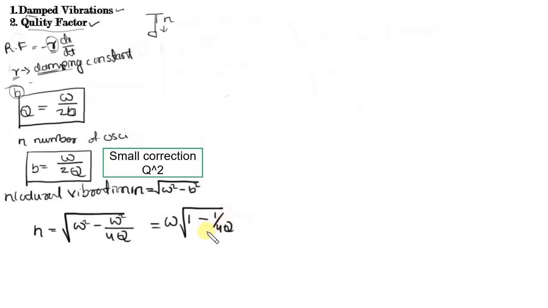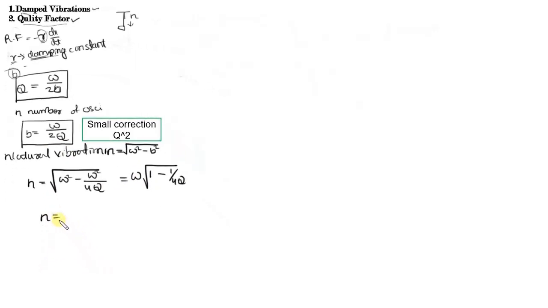This is how we find the frequency of a damped oscillation: n equals omega under root 1 minus 1 by 4q. We can easily calculate the number of oscillations for a damping frequency.